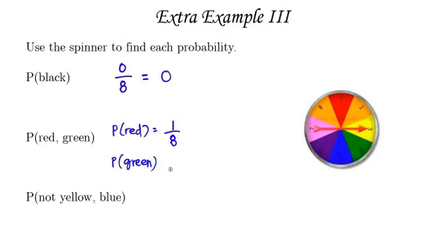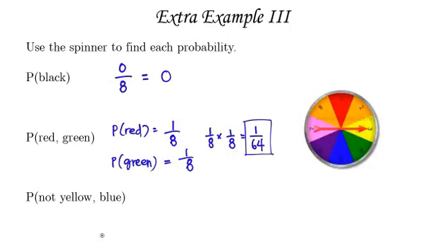So these would be independent. The probability of green is 1 out of 8. So then I multiply them together. So 1 over 8 times 1 over 8. 1 times 1 is 1. 8 times 8 is 64. So the probability of landing on red and then spinning again, landing on green is 1 over 64.